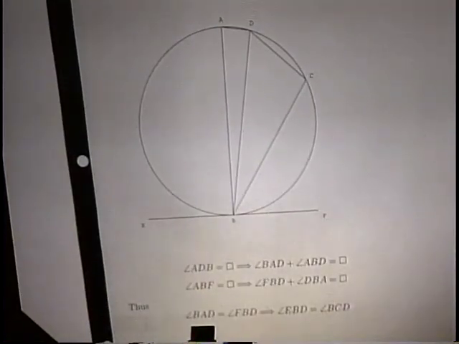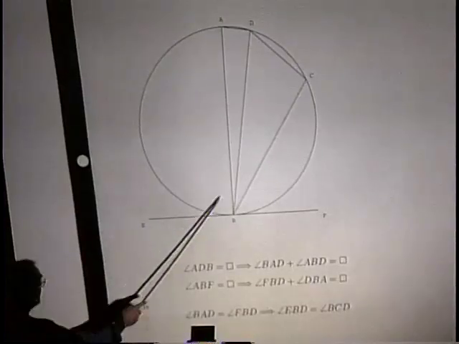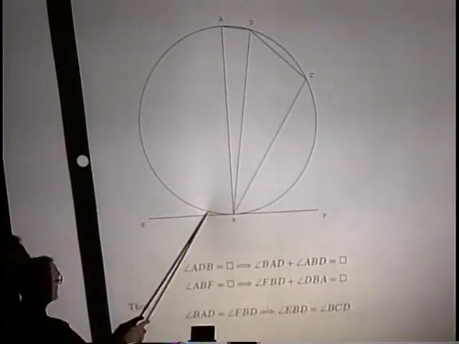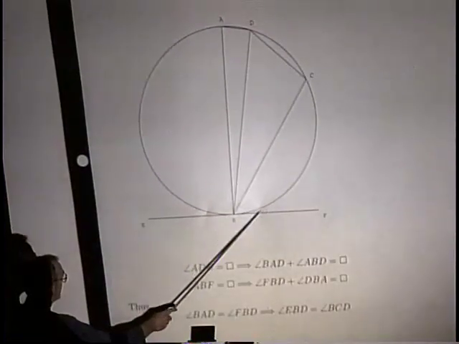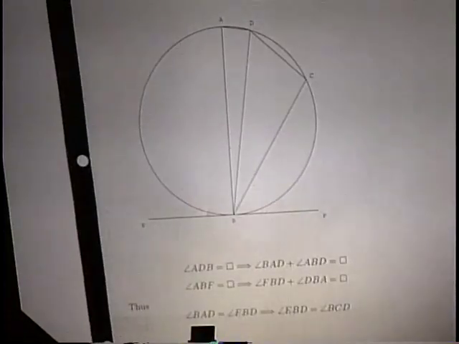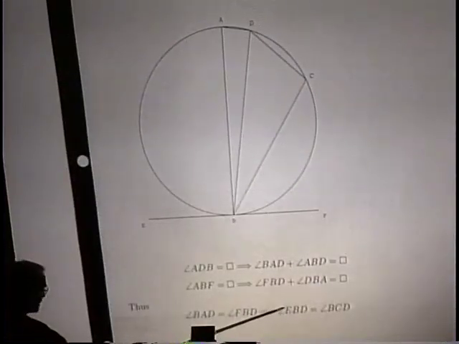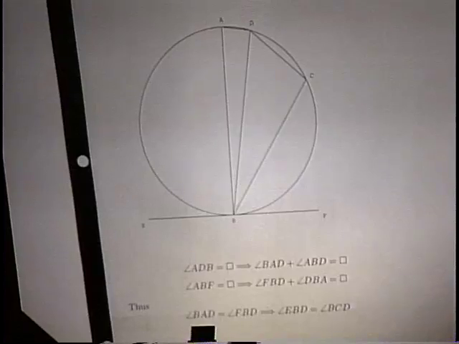But what do we say? Well, we say that this angle plus this one is equal to two right angles. So EBD plus FBD is equal to two right angles.